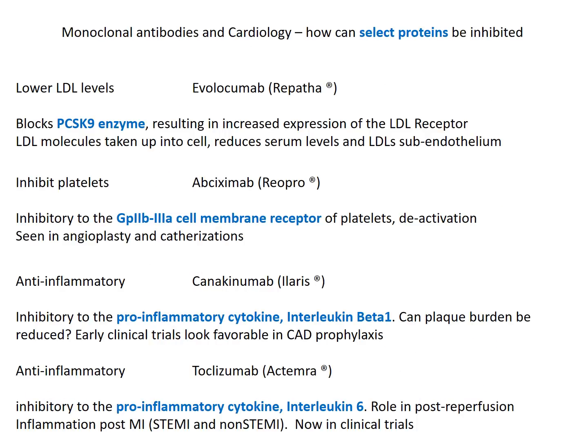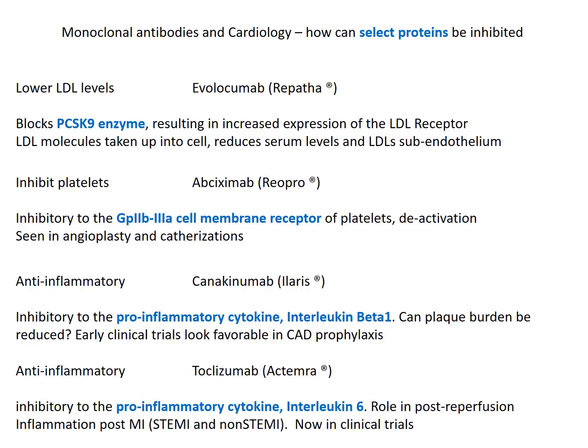And then finally, in terms of drug therapy, this is really, really cool: the use of monoclonal antibodies in cardiology. Remember, we introduced monoclonal antibodies for autoimmune diseases like RA and psoriasis, and we'll talk a little bit more about this in the GI unit and the neuro unit when we talk about some autoimmune diseases.